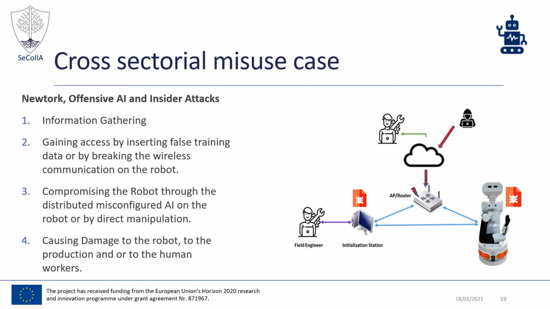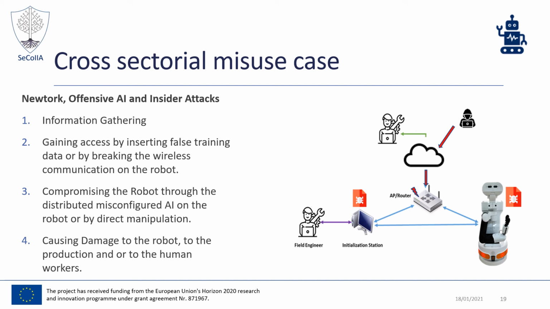So the misuse case is configured as follows. The network and offensive AI when insider attack comes in place, and for that there is first, of course, information gathering, get to know what the network looks like, what the devices that are operating over there are configured, and so on.